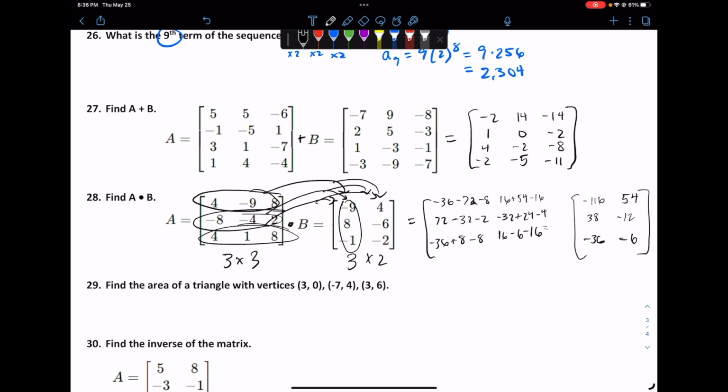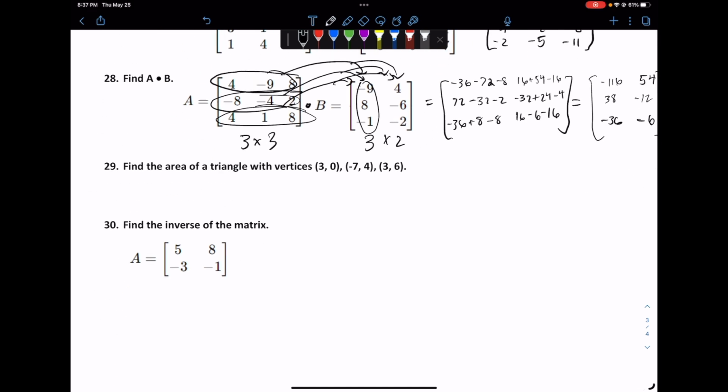That worked out nice. So there we go. There's our matrix multiplication.